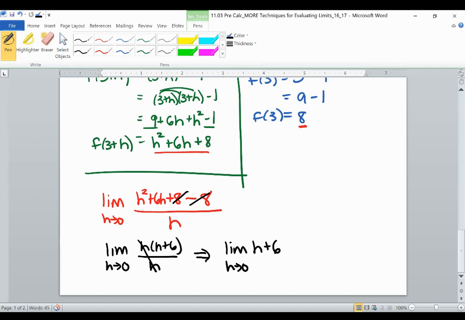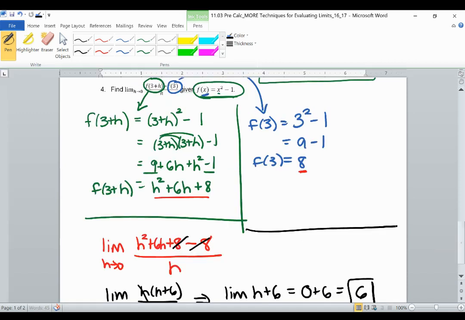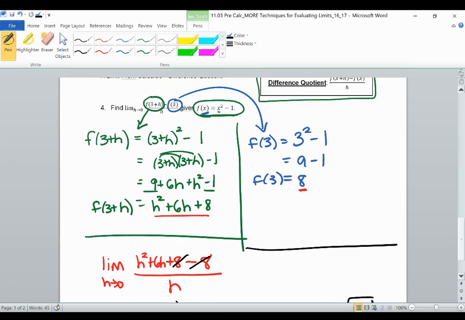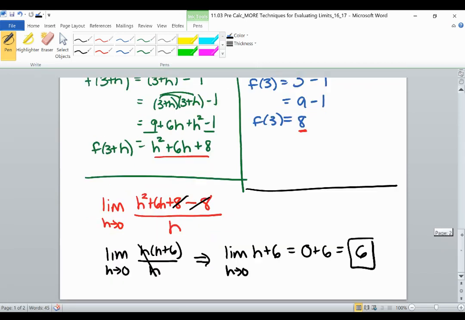And now I can do direct substitution, sub in my 0, 0 plus 6 is 6. So all of that, kind of cool, that the limit as h approaches 0 of f of 3 plus h minus f of 3 over h, if we know that this is f of x, this is the function, x squared minus 1, then that limit as h approaches 0 will be 6.